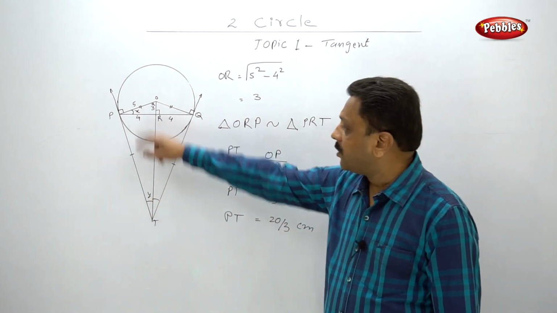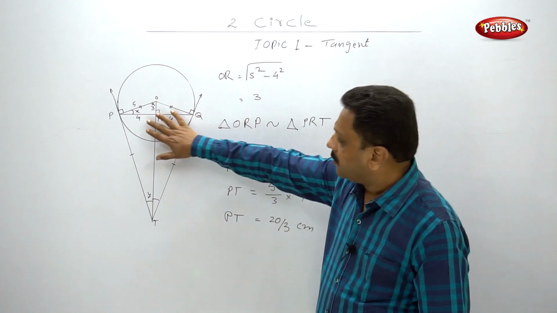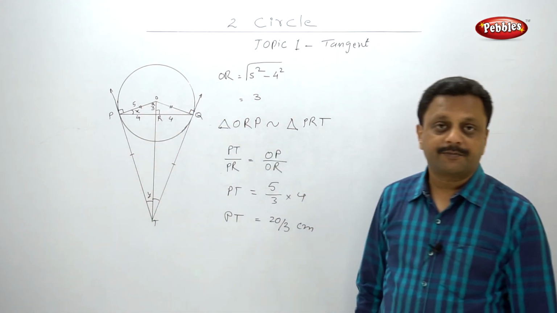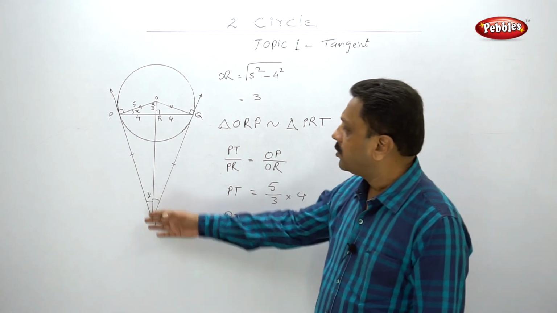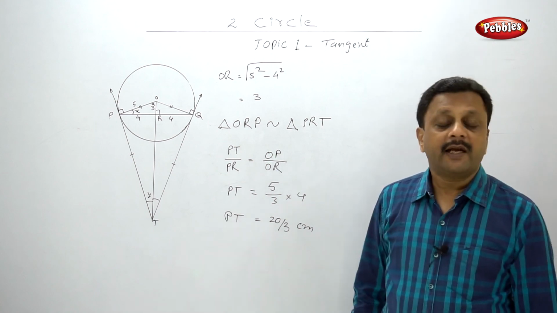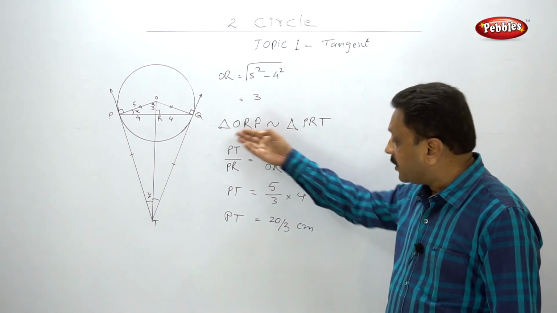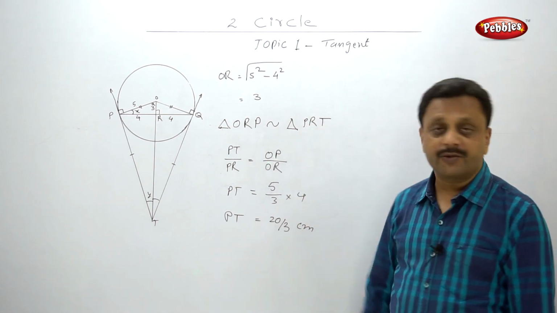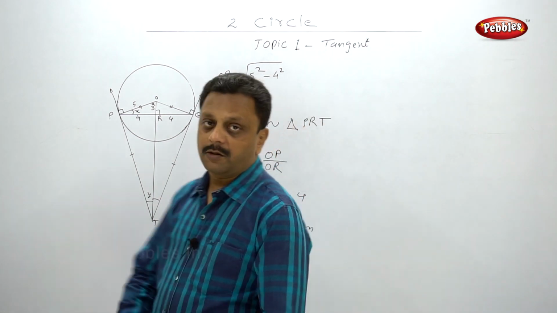So y is equal to x. Correct? Now I have taken this triangle and upper smaller triangle and proved that those are similar triangles by AA test of similarity, and then write the names of the similar triangles properly and find out the ratio. So this is how generally problems are to be solved.